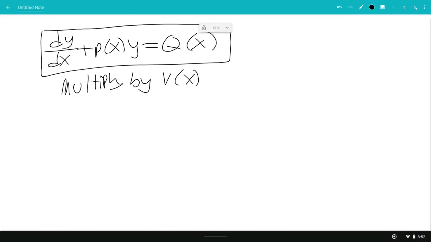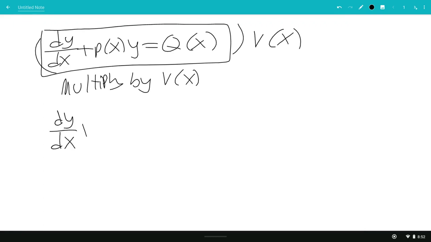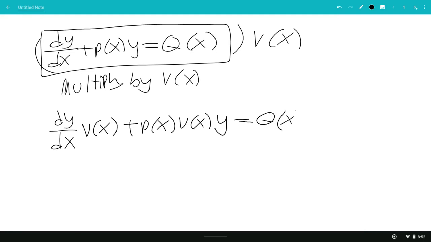If I multiply both sides by v of x, we'll get dy/dx times v of x plus p of x, v of x times y equals q of x, v of x.